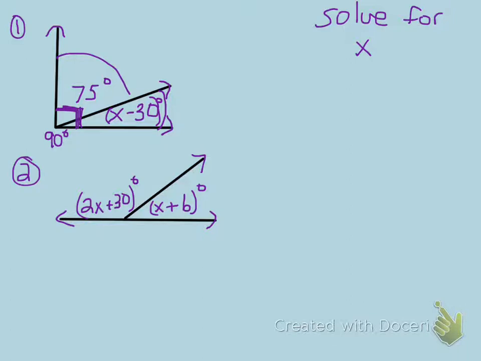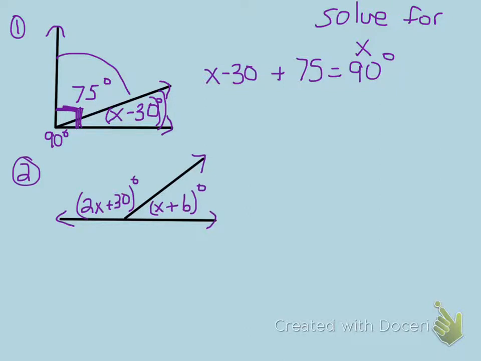So now it's time to use that algebra that you have been using for years now, it seems like. We know that x minus 30 plus 75 has to equal 90 degrees. And now it's time to solve for x. We don't really need those parentheses, so we can get rid of them.